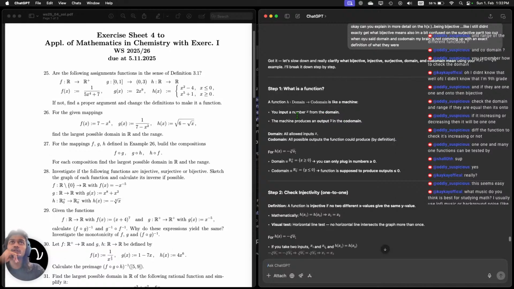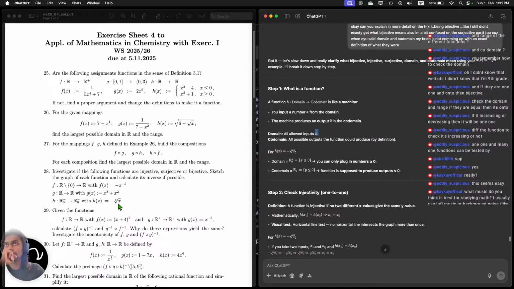You input the number x from the domain, the machine produces an output y in the codomain. Domain, all allowed inputs, x. Codomain, all possible outputs. So for one input, it could be multiple outputs. Okay. Now, how is that applicable for here?